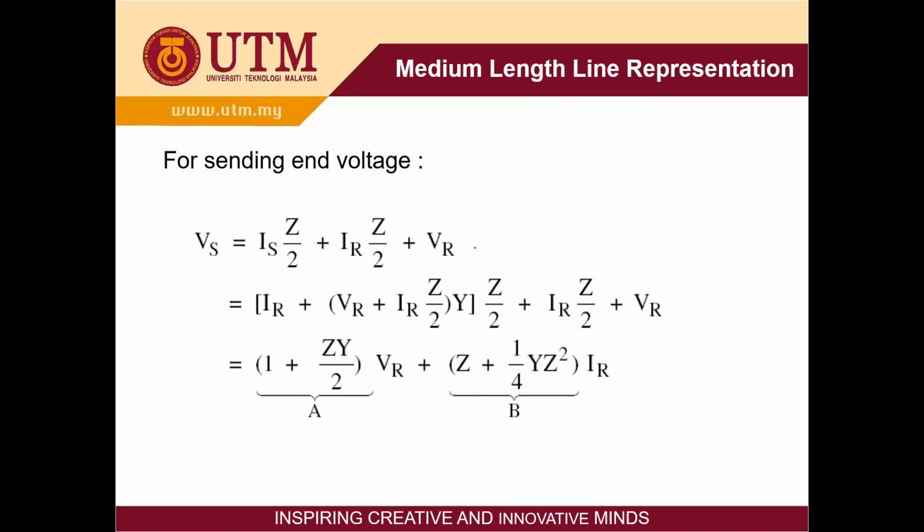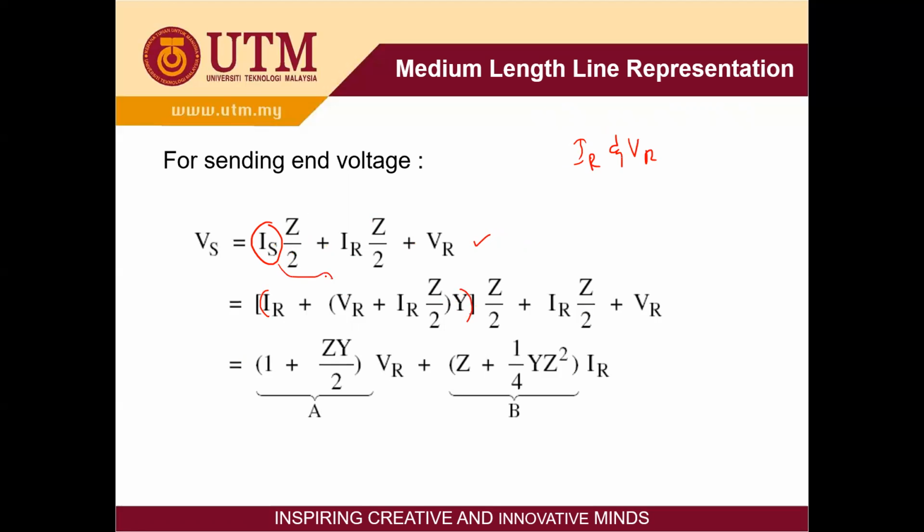This is the equation, and since we want to represent Vs in terms of IR and VR, we need to rewrite Is. So Is is equal to this.